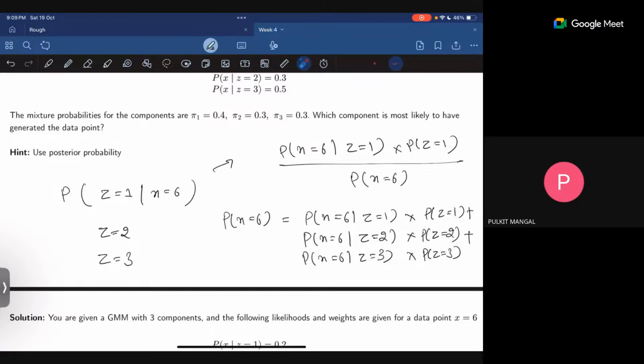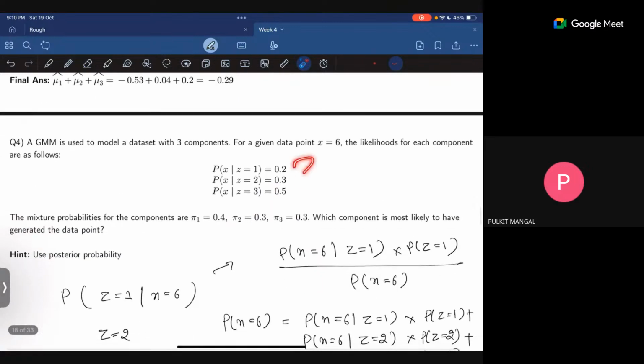Now all you need to do is take one each time, divide, and see which one is higher. Sometimes in the exam these probabilities might not be given to you and you need to calculate them. Basically you need to find the Gaussian distribution value at x equal to 6 given some mu k and sigma k.